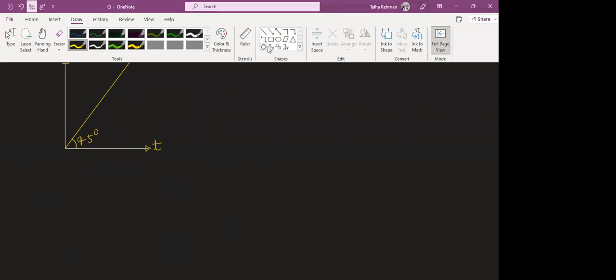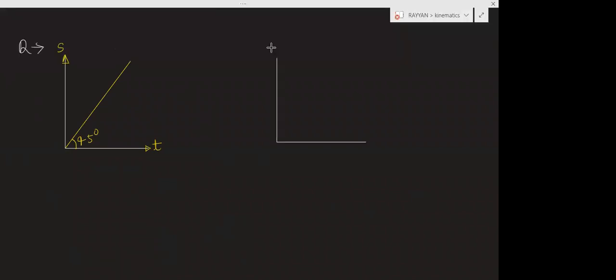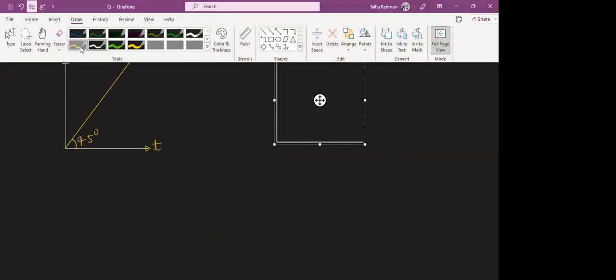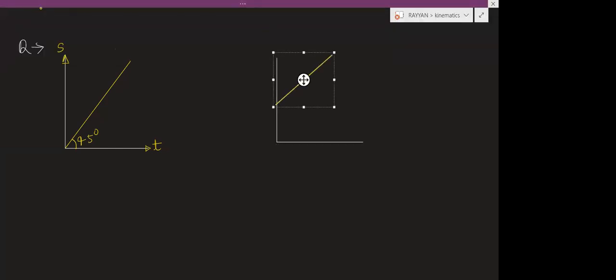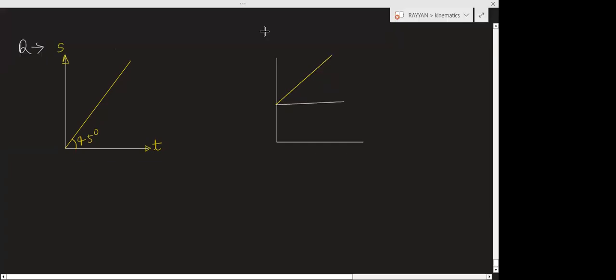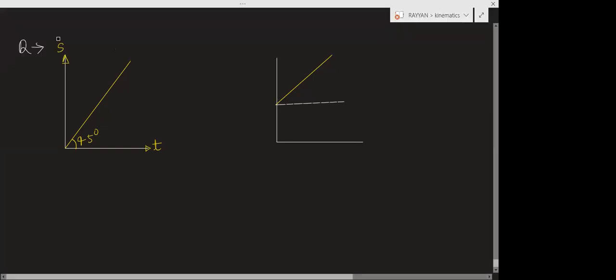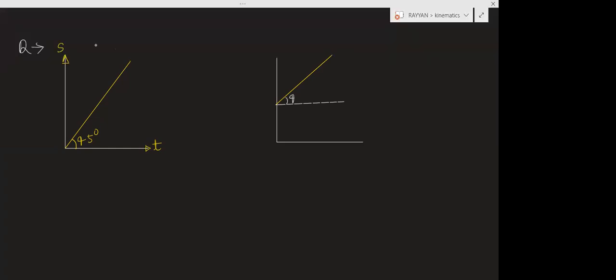And there is another graph, where this angle is also 45 degrees.